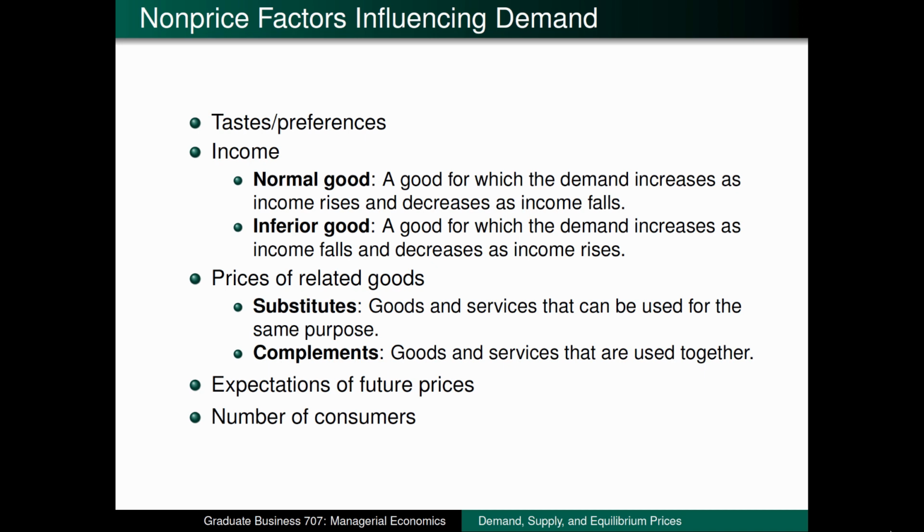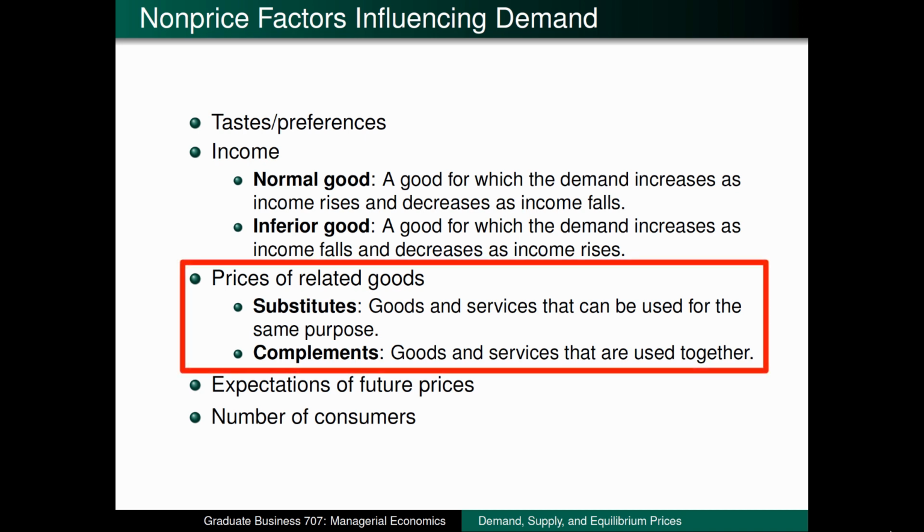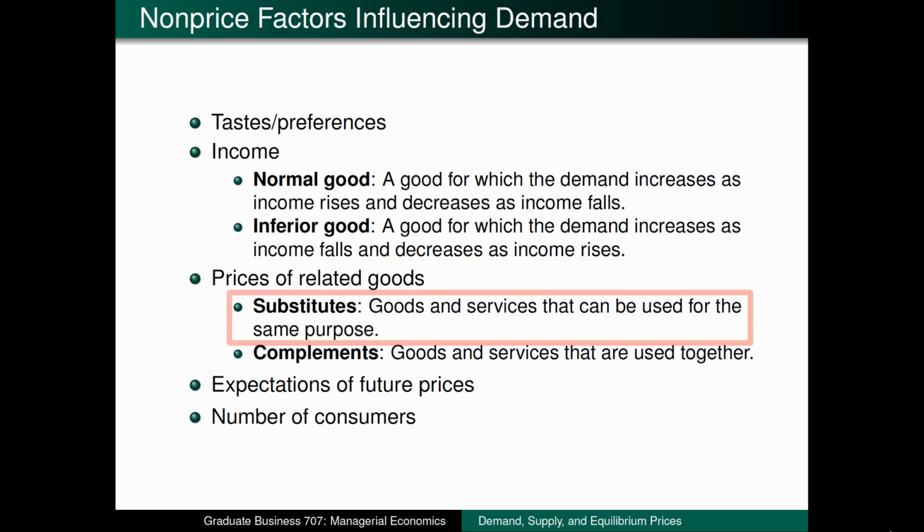So the next demand shifter is the price of related goods. Just like with income, we have to be careful to distinguish between two different types of products when we're thinking about the relationship between two different products. Substitutes are two products that essentially serve the same purpose. Examples of substitutes include different beverages like coffee versus soda, or different brands like Starbucks versus Dunkin'.